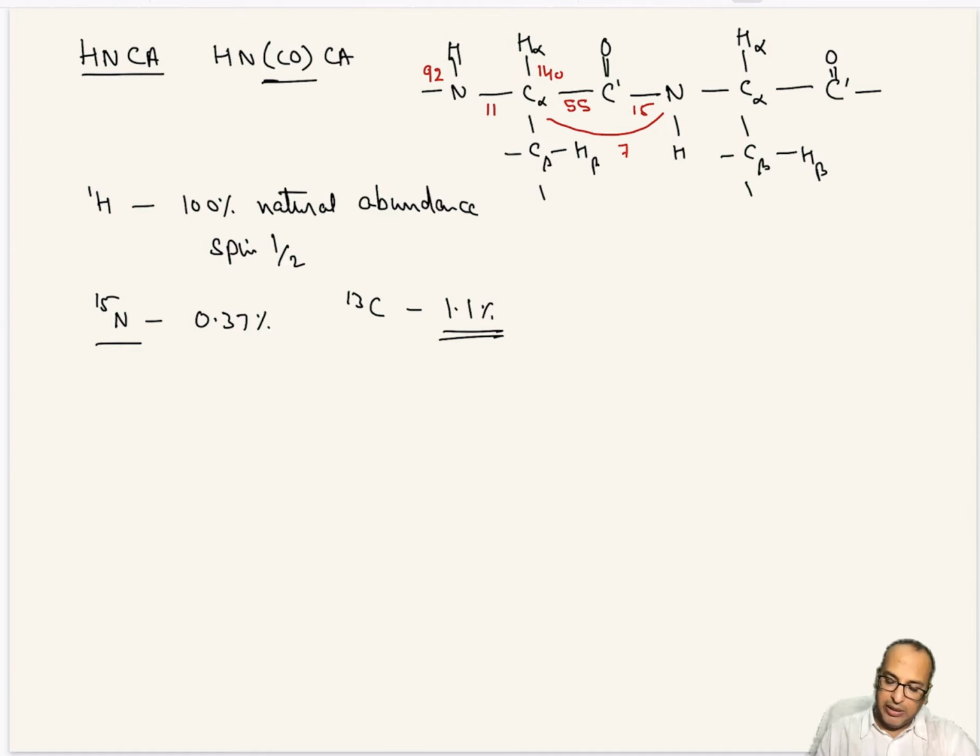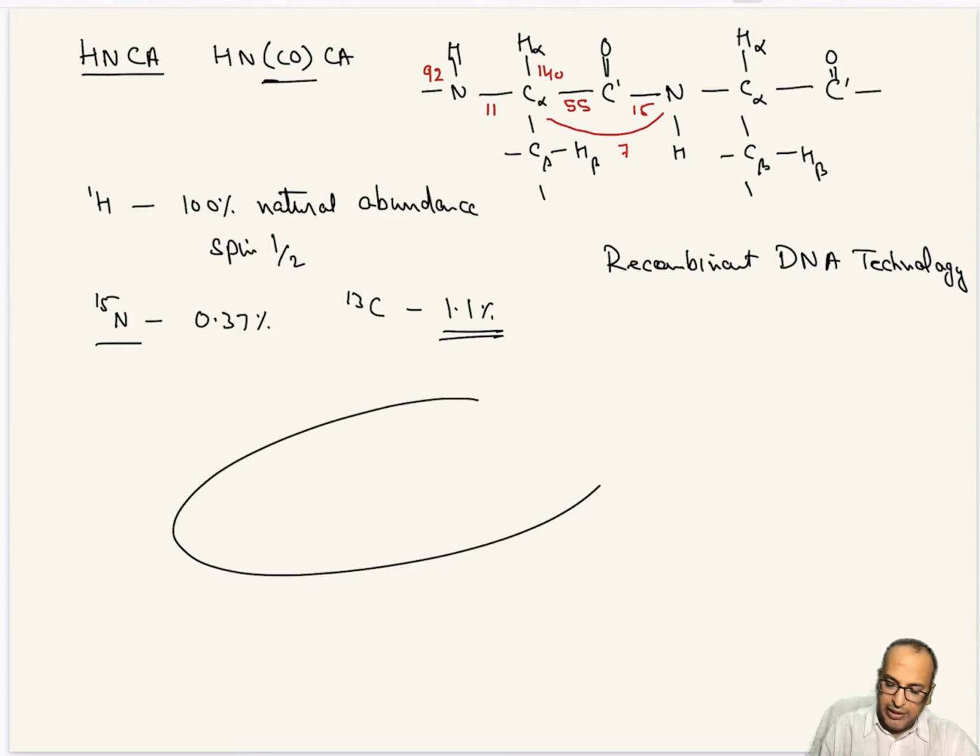This is done by something called recombinant DNA technology. I'll not go into details of it, but let me give a brief introduction so that we are all on the same page. Basically we take a bacterial cell, and so this is bacteria. Mostly we are using E. coli, and within the bacteria we insert a plasmid.